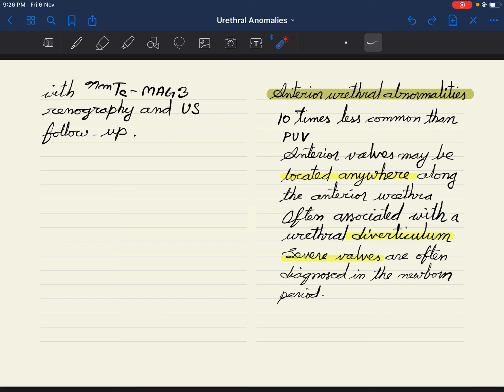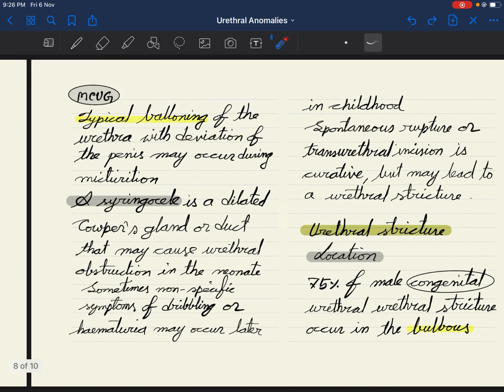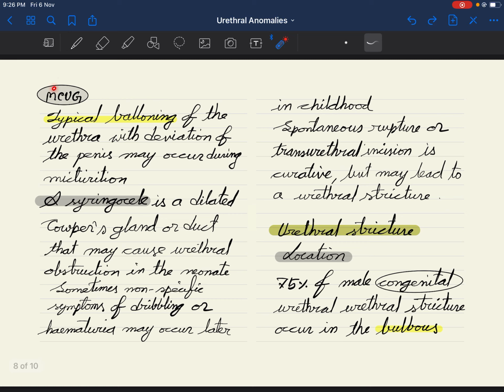Then let us talk about anterior urethral abnormalities. They are 10 times less common than posterior urethral valve. Anterior valves may be located anywhere along the anterior urethra, often associated with a urethral diverticulum. Severe valves are often diagnosed in the newborn period. Micturating cystourethrogram shows typical ballooning of the urethra, and deviation of the penis may occur during micturition.